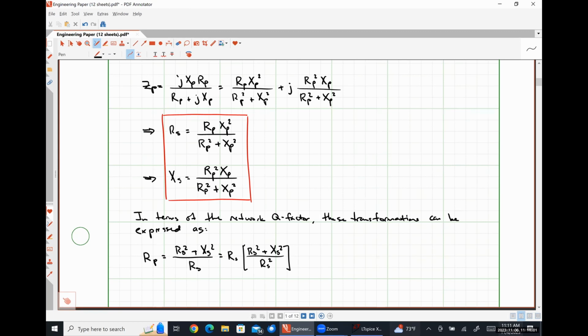And so I can have this look like Rs times 1 plus Xs squared divided by Rs squared, which is the same as Rs times 1 plus my quality factor squared.